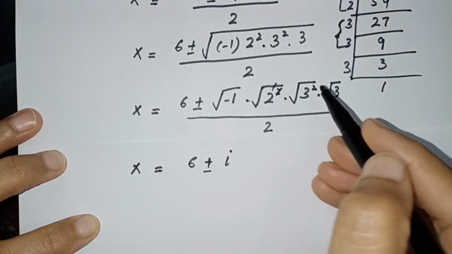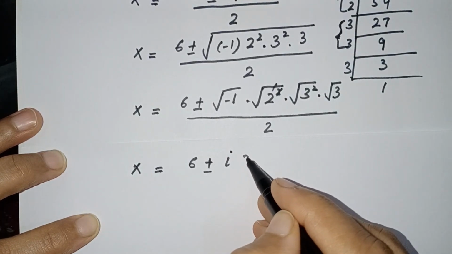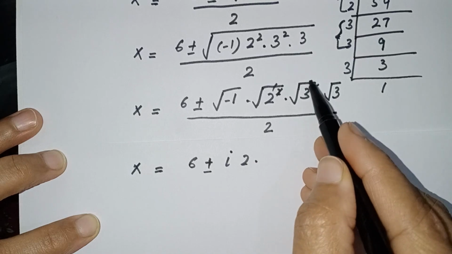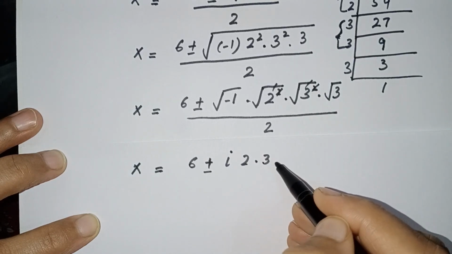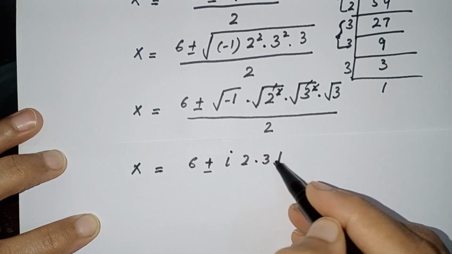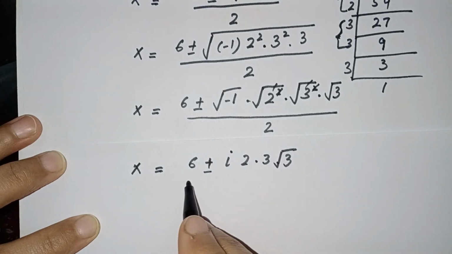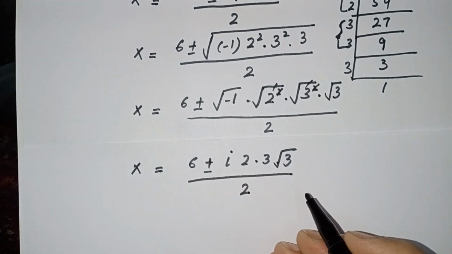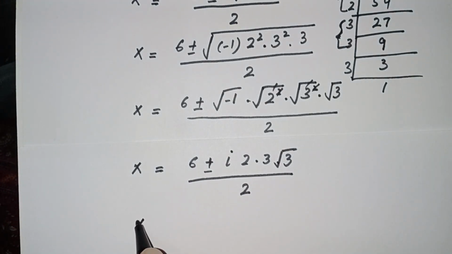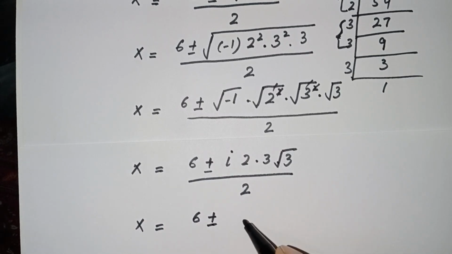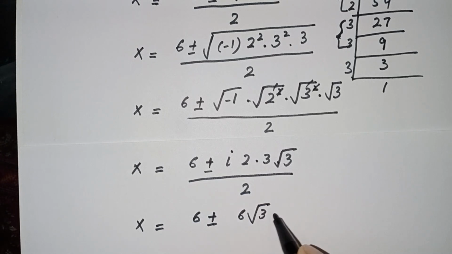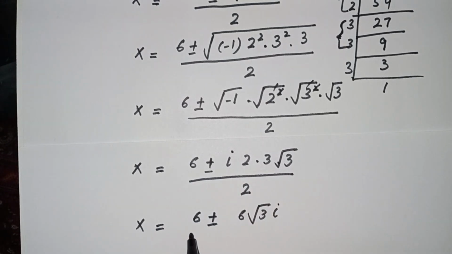The 2 will cancel out with the square, the 3 square will cancel out, the square will cancel out with the square root, and we will get 2 times 3 times square root 3 over 2. x is equal to 6 plus or minus, we will multiply 2 times 3 is 6, square root 3 times i, over 2.